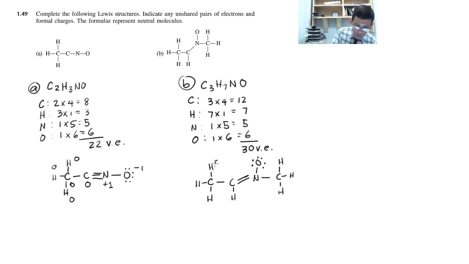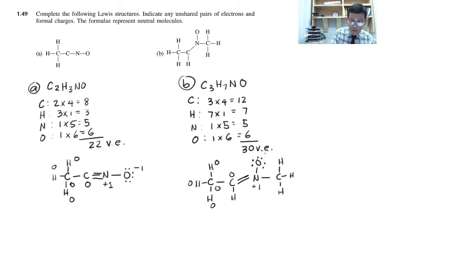Formal charges, that's 0, 0, 0. That carbon is 4 minus 4 is 0. That carbon is 4 minus 4 is 0. That nitrogen, neutral nitrogen is 5, minus the number around it is 4. So 5 minus 4 is positive 1. That oxygen, neutral oxygen is 6.